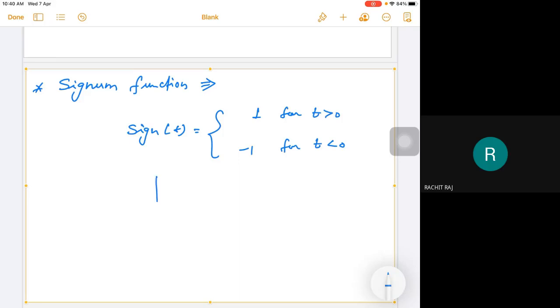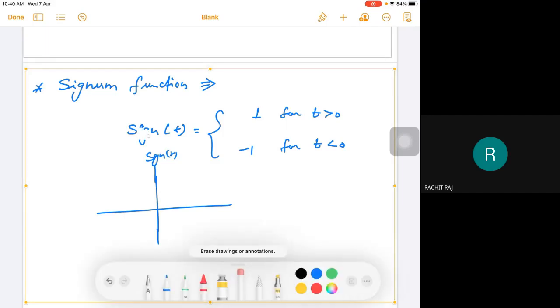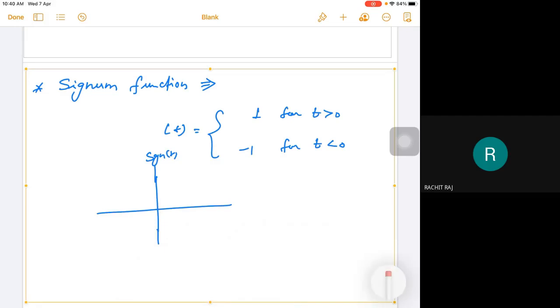So if you want to draw this graph for sgn(t), ओके मैं यहाँ पे लिख देता हूँ SGN. So obviously plus 1 and minus 1. This is the signum function.